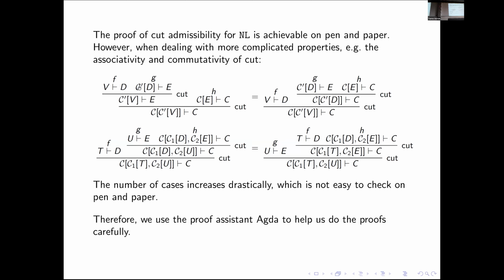And here is the commutativity of cuts. We have a derivation h in which we have 2 places for the cuts, and we also have 2 derivations f and g, and the order of cutting g and f does not matter, and in the end they will produce the same derivation.